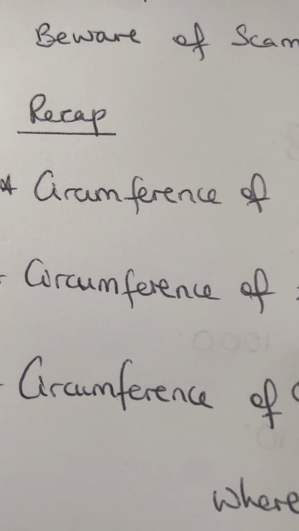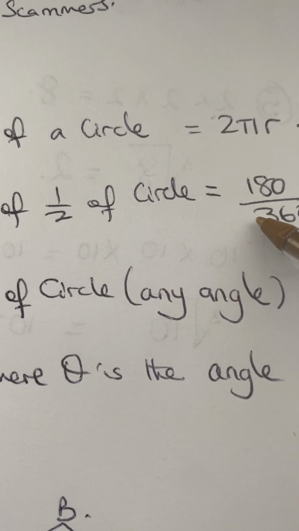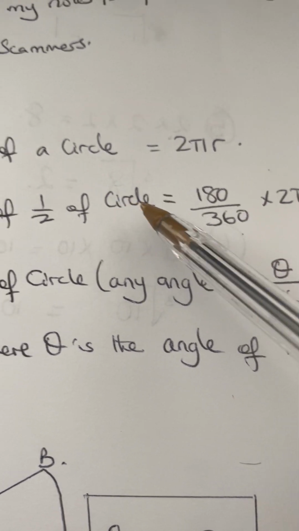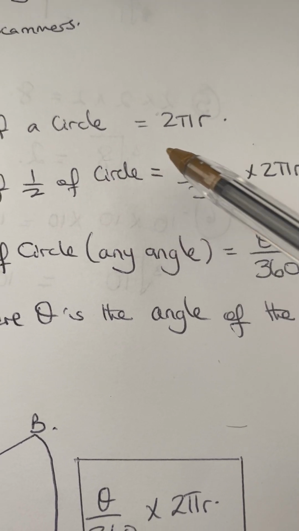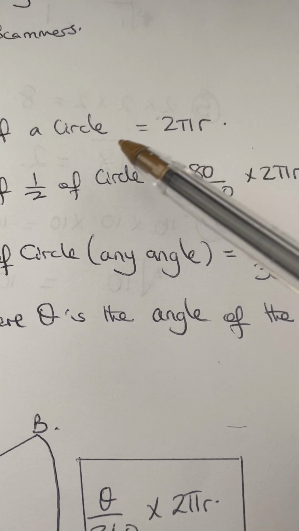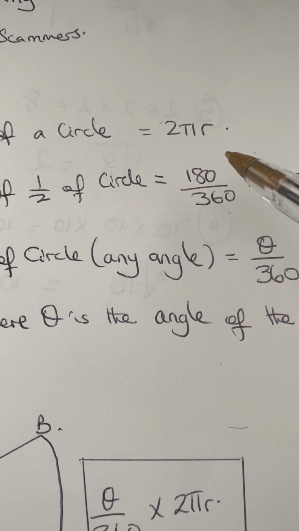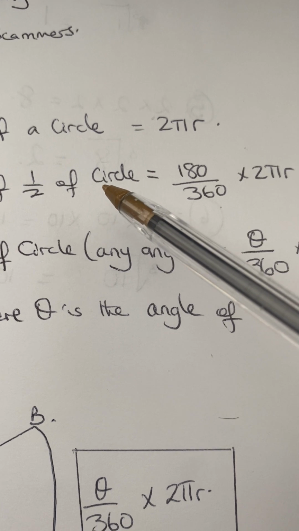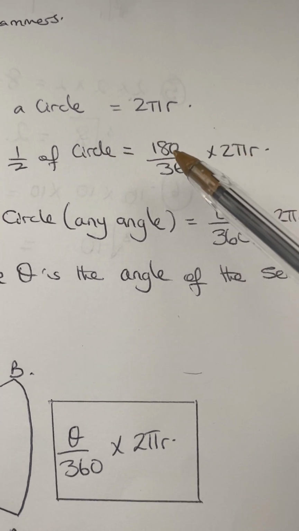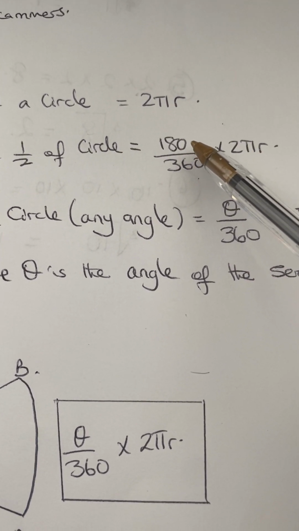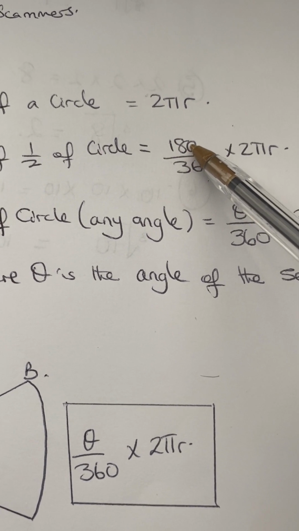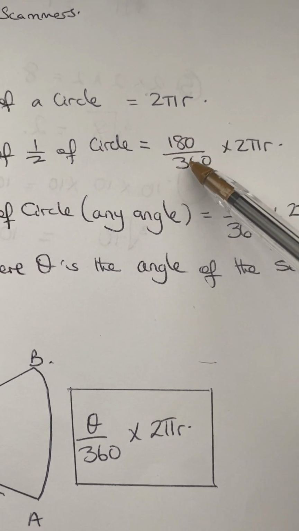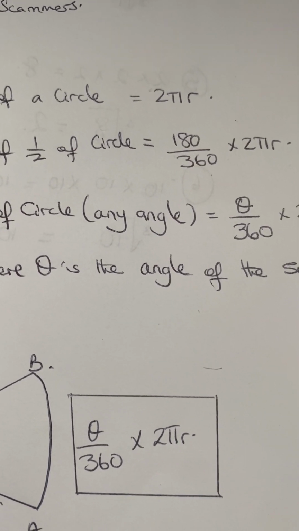Now if you have half of the circle, you don't need the full circle, you need to go halfway, and yesterday we saw that circumference is length. The angle of half of the circle is 180, because a full circle is 360.